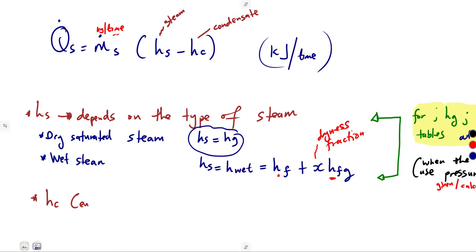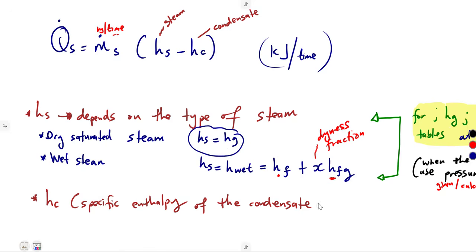Specific enthalpy of the condensate. We are now talking about the condensate, the liquid that we have there, which is definitely the enthalpy of a liquid, which is water, guys.